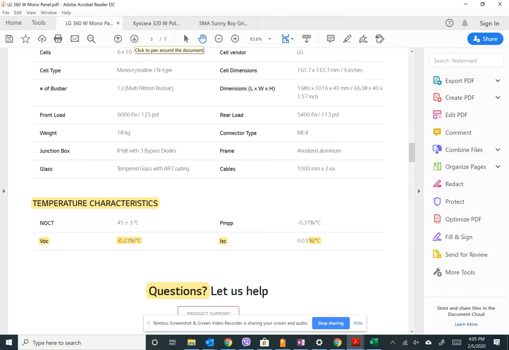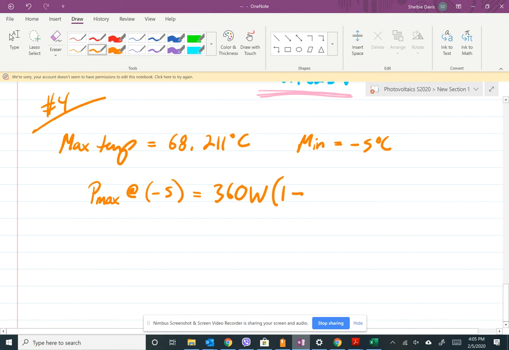It's a negative 0.37% per degree C. Okay, so I already put the negative in here, so 0.0037 times the -5 cell temp minus 25, which is your STC reference temp. And remember, we have 13 panels. So let's say we're going to put them all in series. So I'll just say times 13. So what is that?